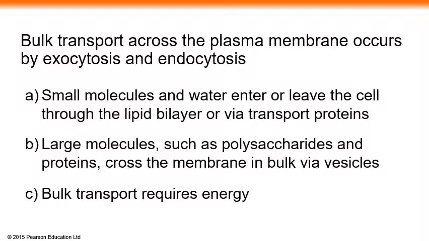Small molecules and water enter or leave the cell through the phospholipid bilayer or via transport proteins. Large molecules such as polysaccharides and proteins cross the membrane in bulk via vesicles. Bulk transport requires energy.